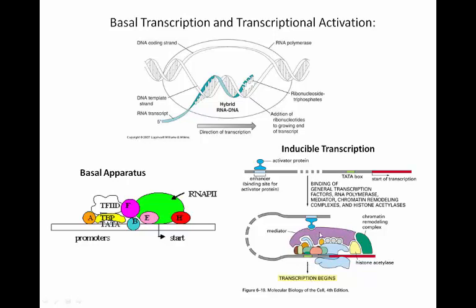Here's the mediator interacting with the basal transcription apparatus. These are particular proteins that are going to relax our nucleosomal structure and allow transcription. So binding of general transcription factors, RNA polymerase, the mediator, this is the mediator, it binds to the activator protein complex, chromatin remodeling, histone acetylases.